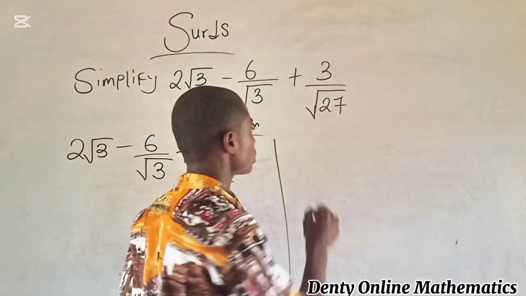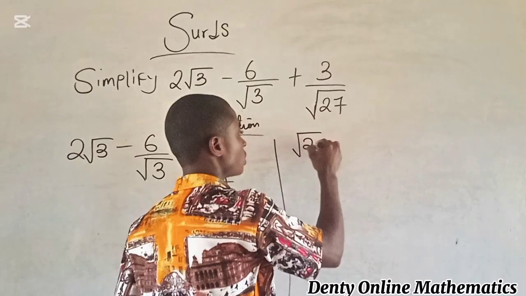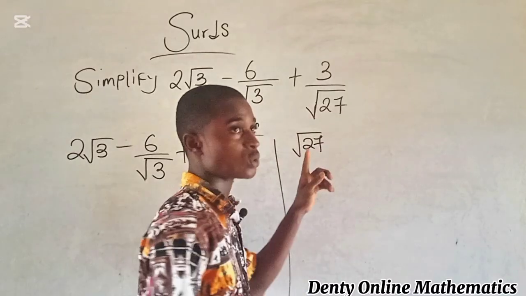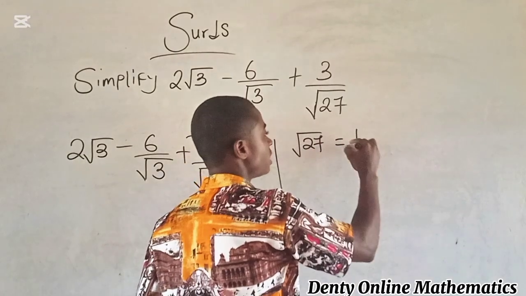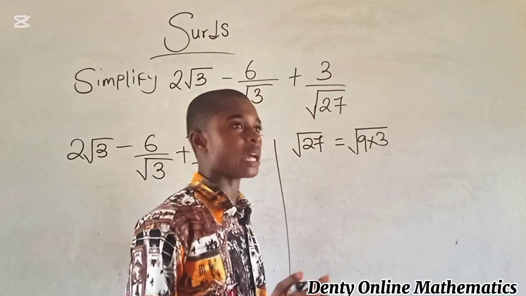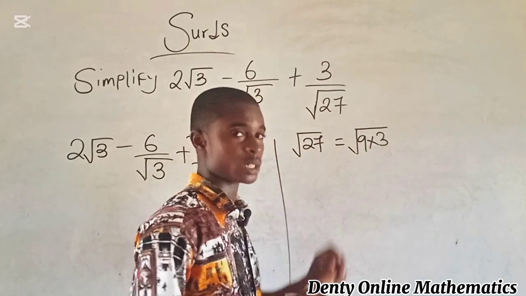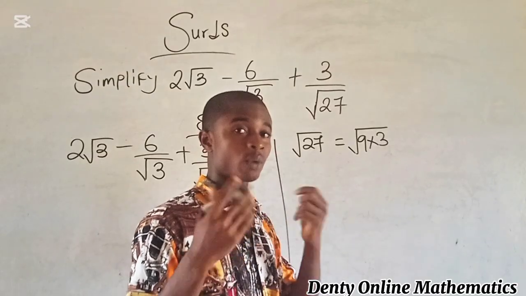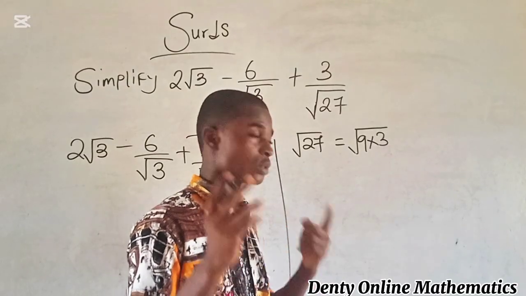Now let's take note. We have the square root of 27. Now 27 is the same thing as 9 times 3, because 9 times 3 will give us 27. Now let's apply one of the rules of surds.